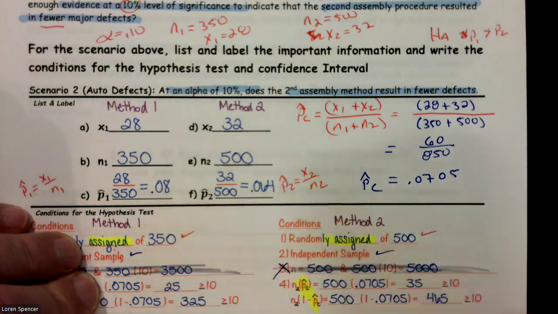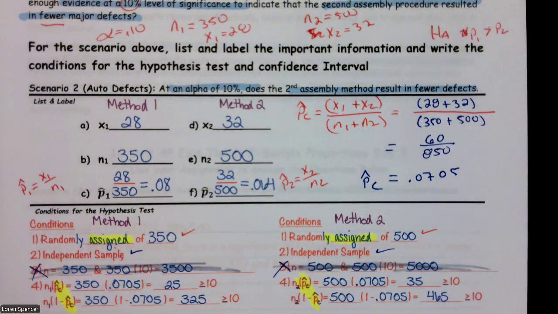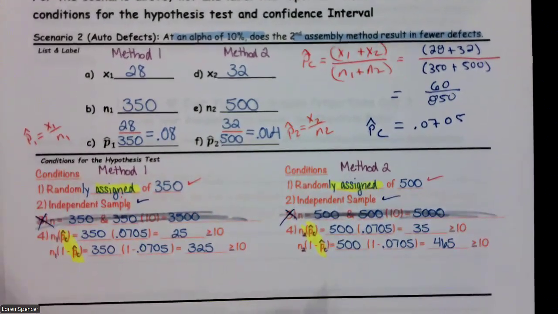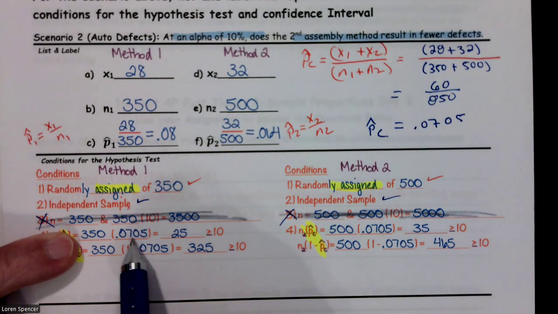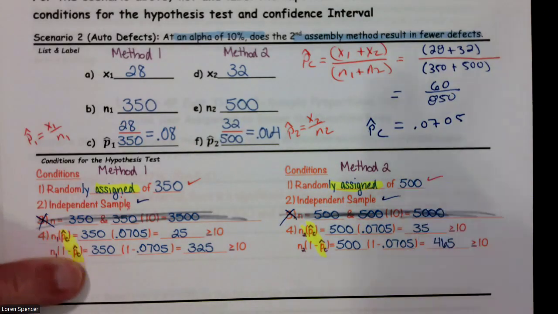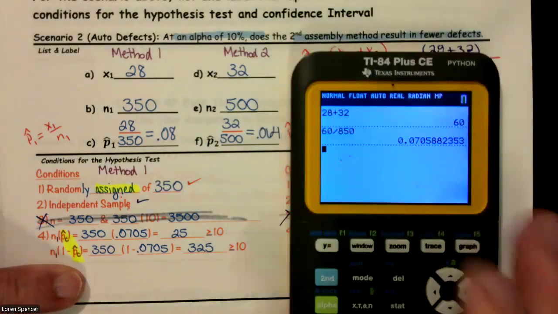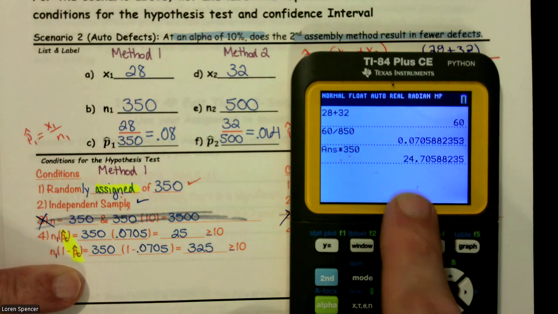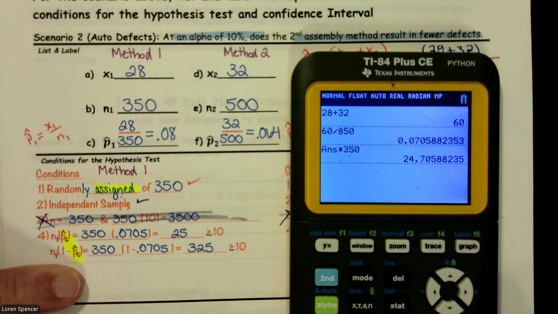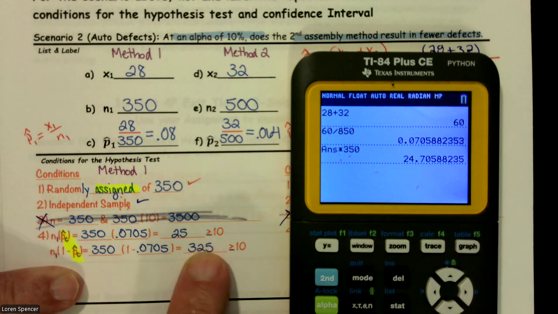So going back down, 350, that was our sample size 1, times our p hat c of 0.0705 equals, let's try that out, 24.7. And that's greater than or equal to 5.